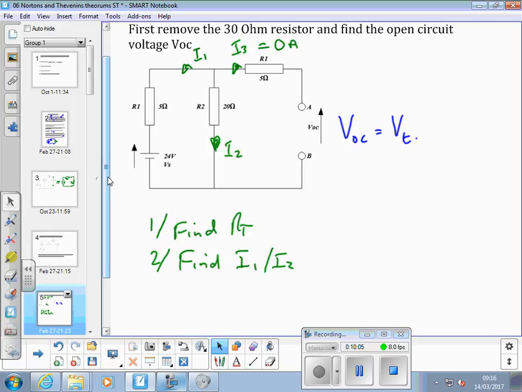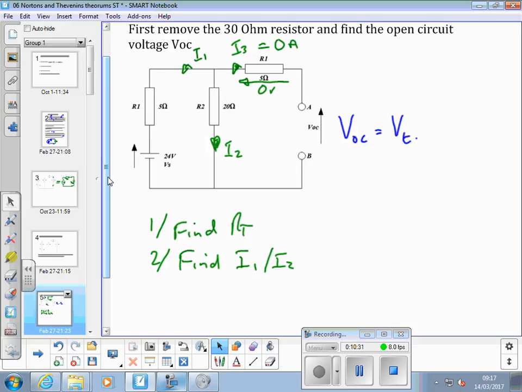What's the volt drop across the resistor R1 in this condition? There's no current going through the resistor, so no volt drop across. So this volt drop is also 0 volts. No current through.